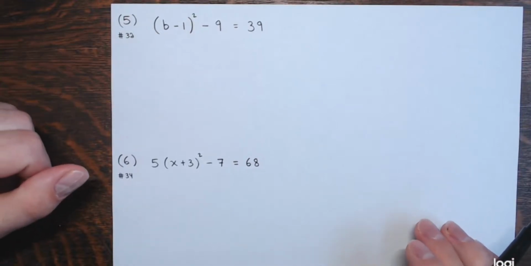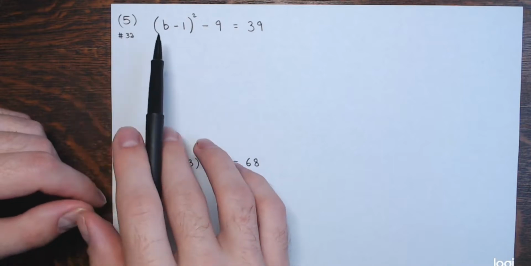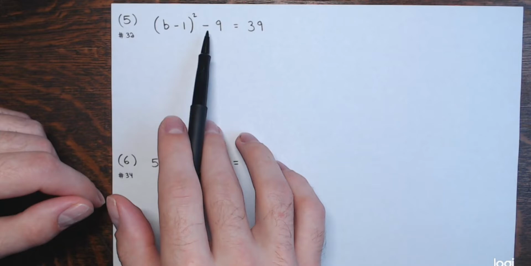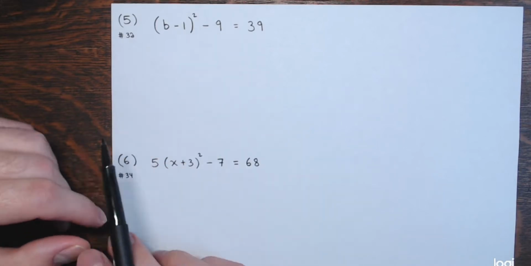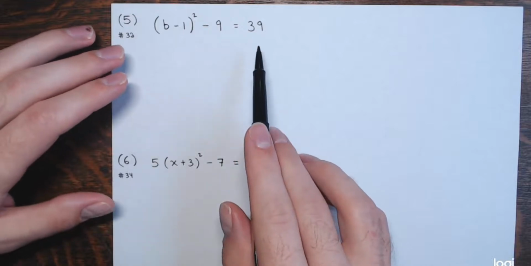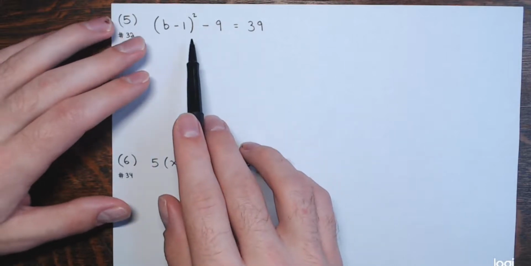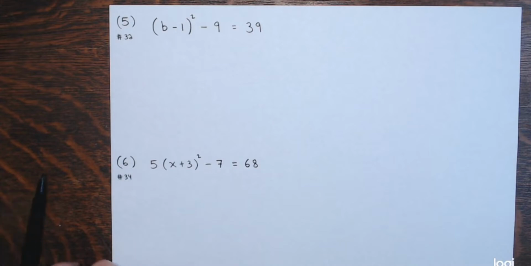Number 5, which is exercise 32 in the text. We have the quantity b minus 1 squared, then minus 9 equals 39. Now this does not look like questions 1 through 4. In questions 1 through 4, the square was by itself. So I'm going to need to do that.